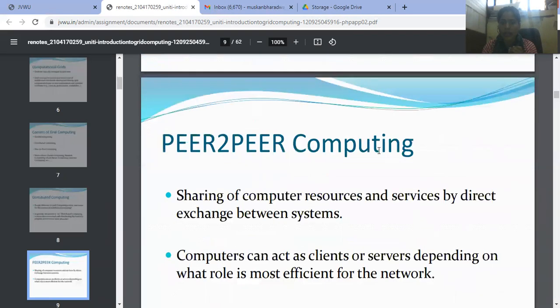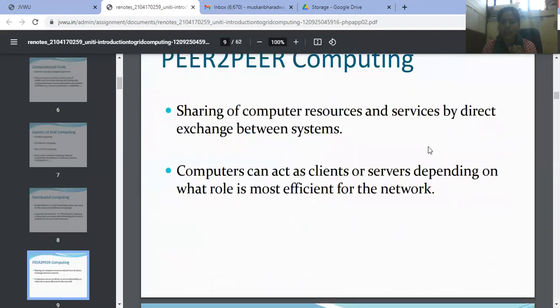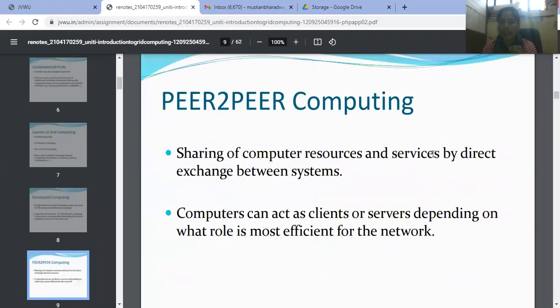Peer-to-peer computing is sharing computer resources and services by direct exchange. It means there are two systems in peer-to-peer. You can also take the example of client and server: the client sends some information to the server, and the server responds to that particular client.